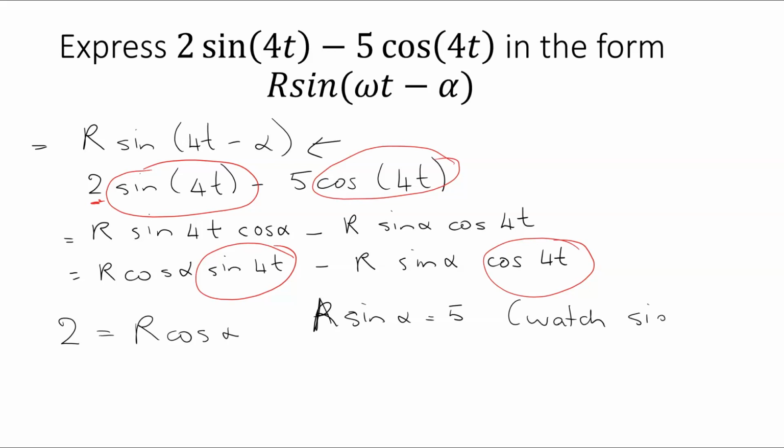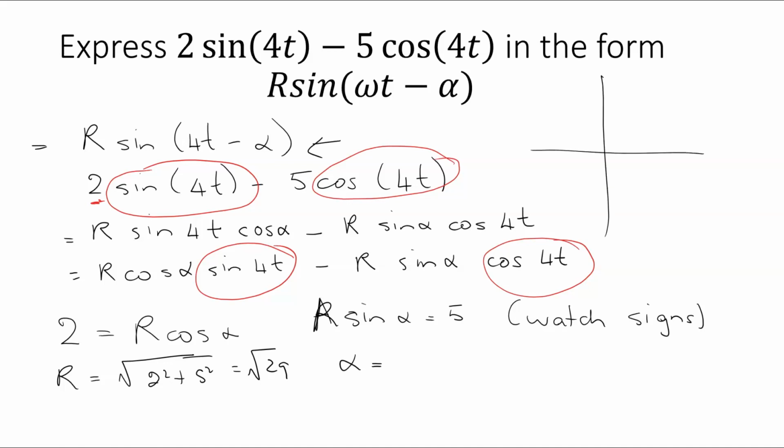Okay, we can work out that R is equal to the square root of 2 squared plus 5 squared, which is equal to root 29. I'll just leave it as root 29. That's the most accurate way of writing it. And that alpha is, now if we draw this on a right angle triangle, our 2, our horizontal, is positive, and our vertical is positive this time as well.